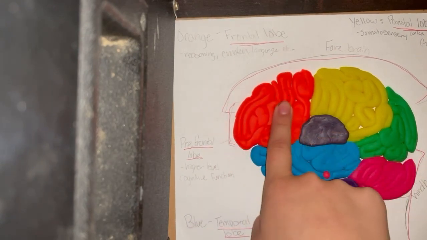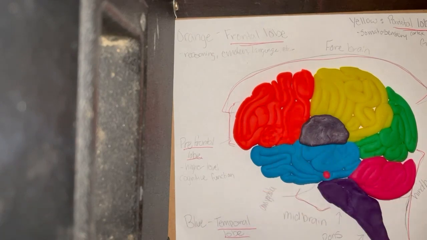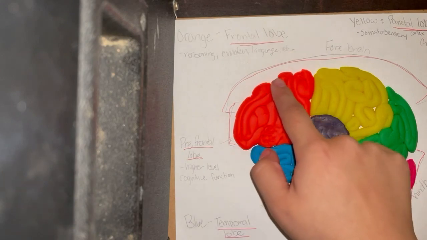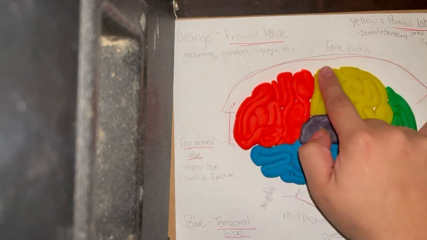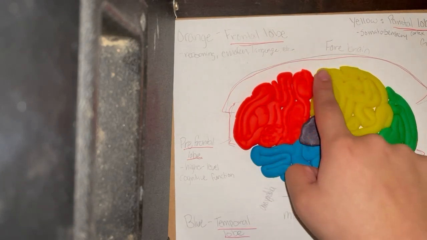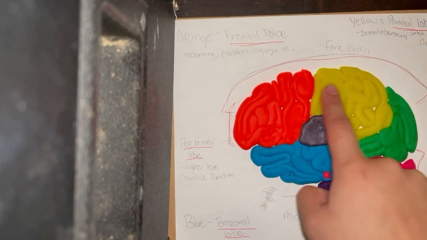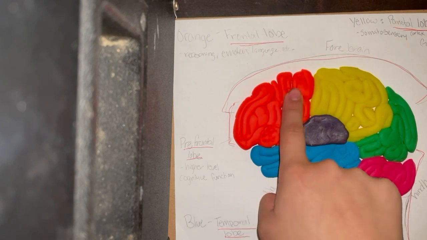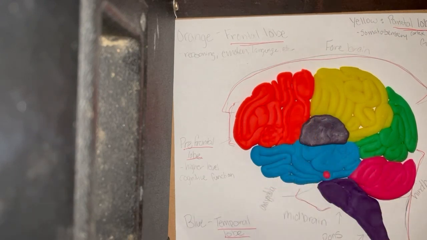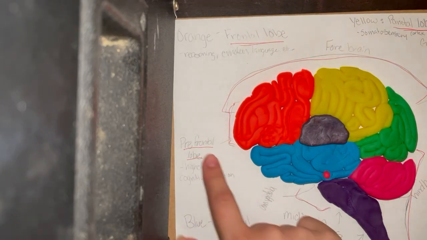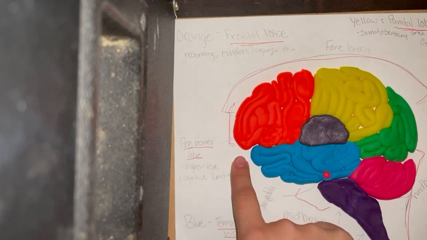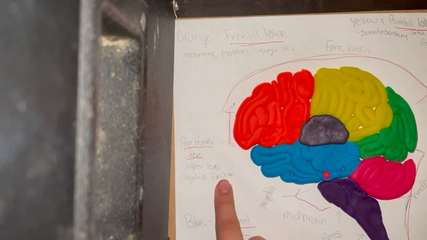Within the frontal lobe would be the motor cortex, which would be found along this section right here, right around the same section as the somatosensory cortex, which is in the parietal lobe. The motor cortex would be in charge of anything to do with planning and coordinating movement, while the prefrontal cortex and lobe would be in charge of higher level cognitive function.